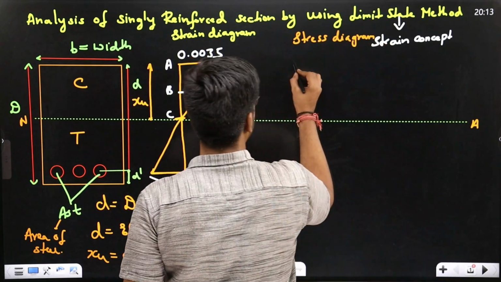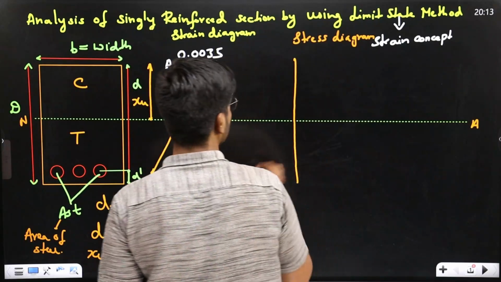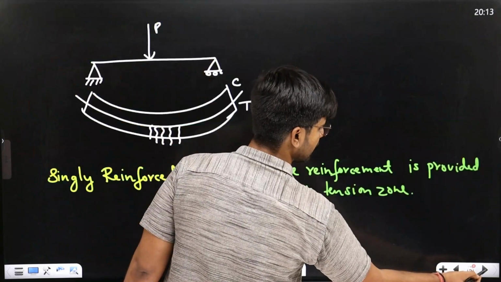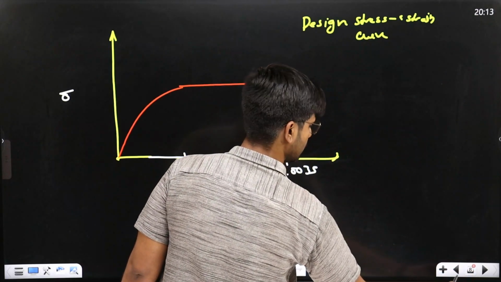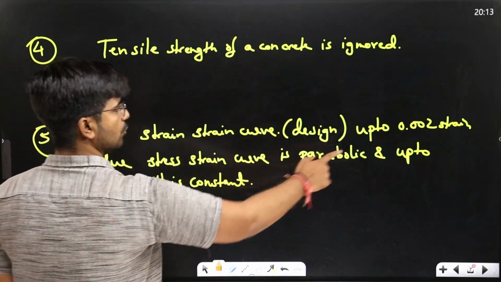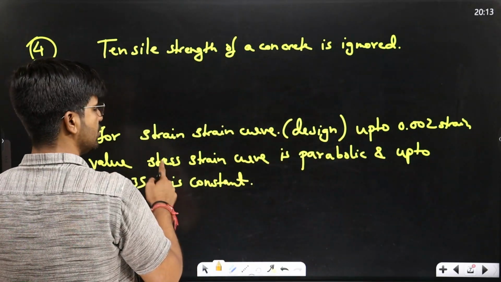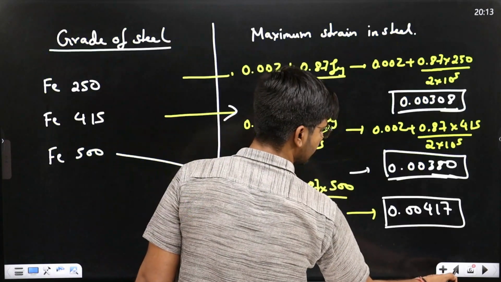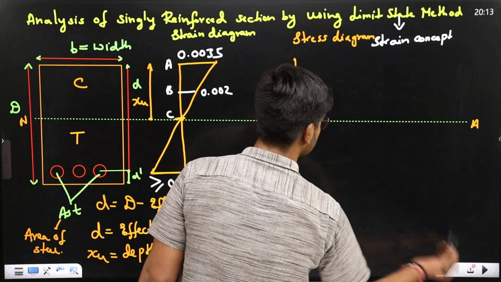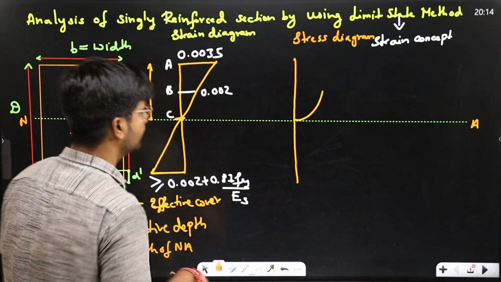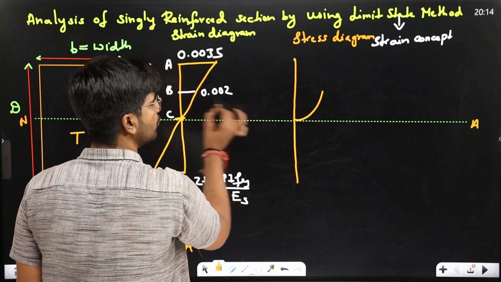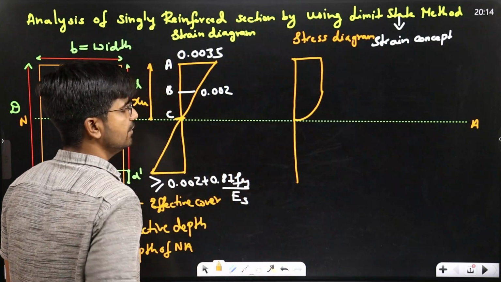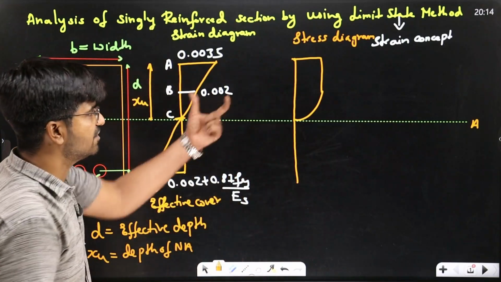Up to 0.002 it is parabolic; it is already mentioned in your assumption. So it is parabolic up to 0.002, then it becomes constant. This is your stress diagram.